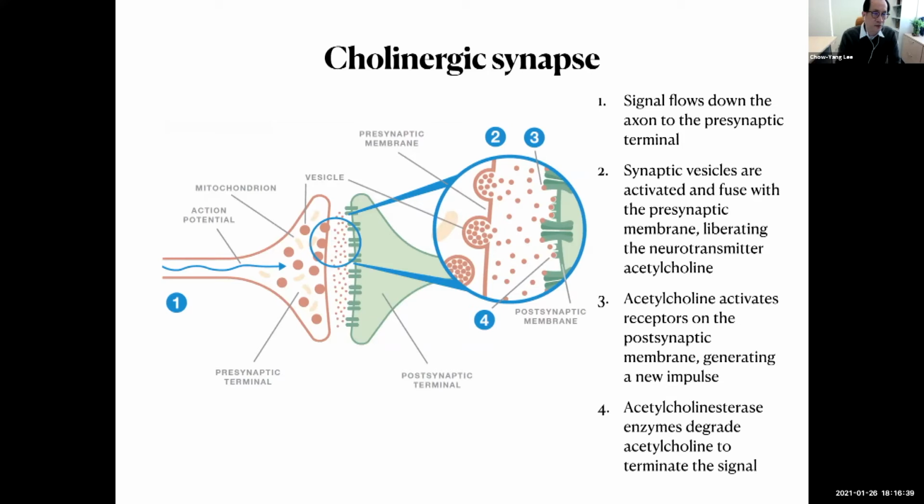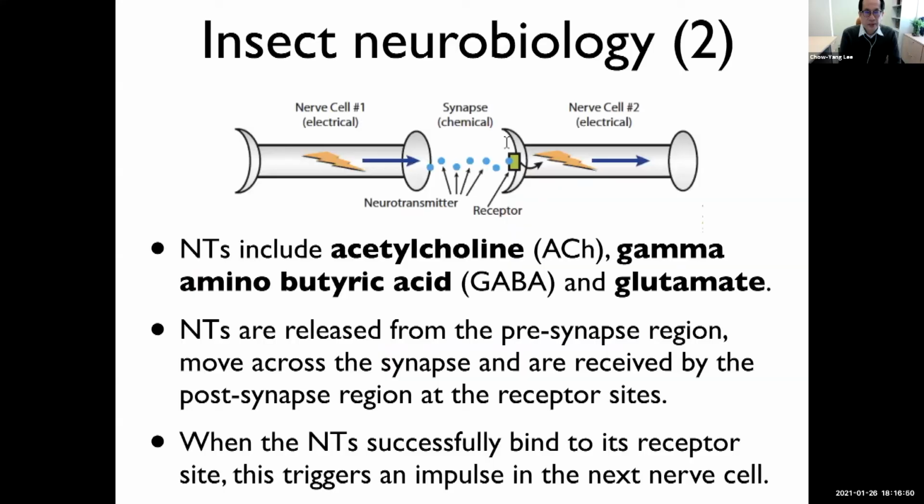So this process, of course, happens very quickly, and you don't even feel anything, okay, that such things are happening. So in terms of neurotransmitters, it's not just acetylcholine, but there are also GABA, that is gamma aminobutyric acid, and also glutamate. But for the purpose of this lecture, I'm only going to talk about acetylcholine.